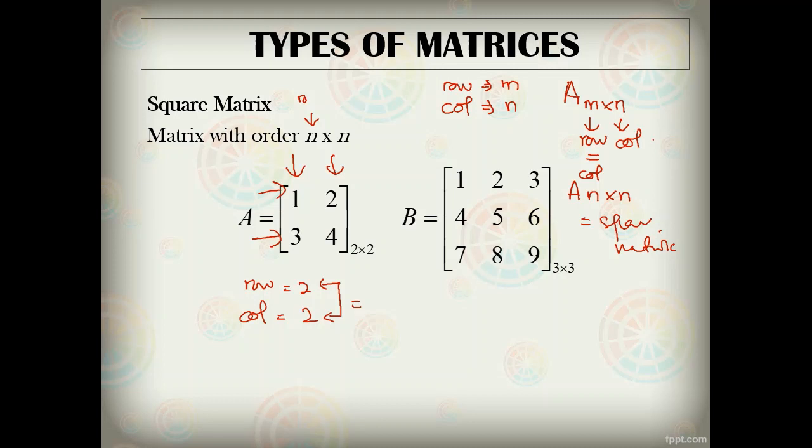So this is a square matrix, 2 by 2. This is also a square matrix because you have 3 rows and 3 columns, so 3 by 3, when the number of rows equals the number of columns.